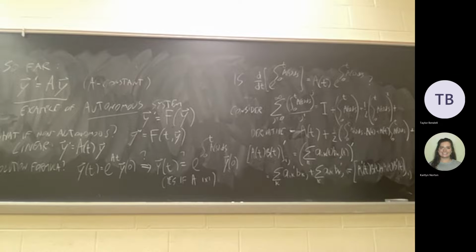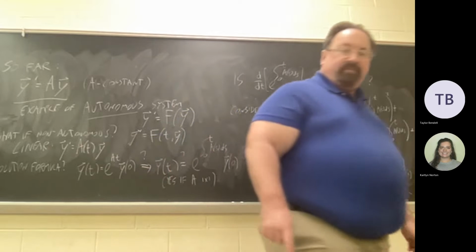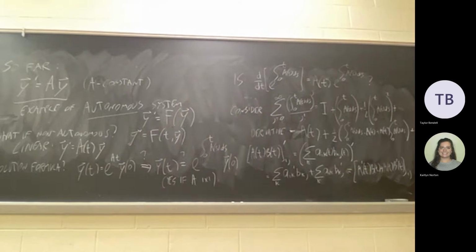Which is not equal to just A of t times the integral, which is what I needed for a solution of this system of ODEs. So we do not have a match.